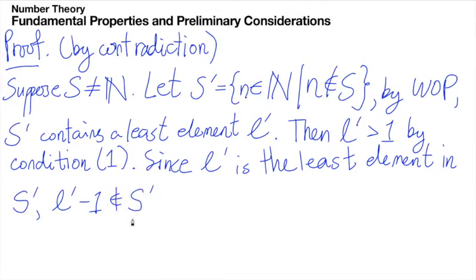Why is that? Because L prime is the least. If we subtract 1 from the least element, it's not the least element, and therefore L prime minus 1 is not part of S prime.